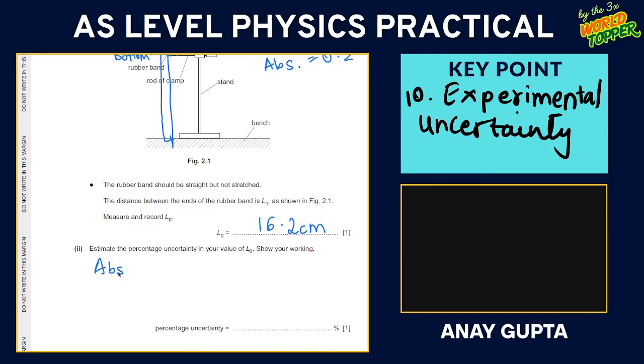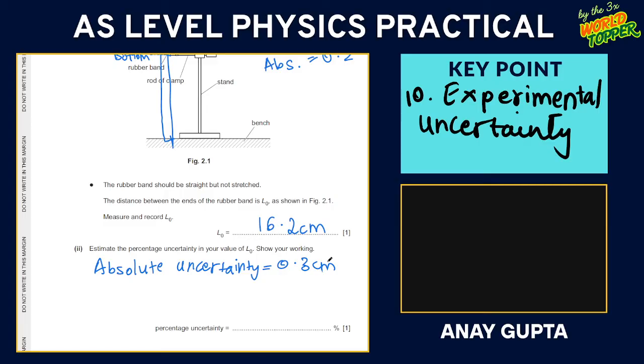So our actual absolute uncertainty over here will be 0.3 centimeters. Why will it be 0.3 centimeters? It will be 0.2 centimeters of the absolute uncertainty of the ruler and 0.1 centimeter of the experimental absolute uncertainty.